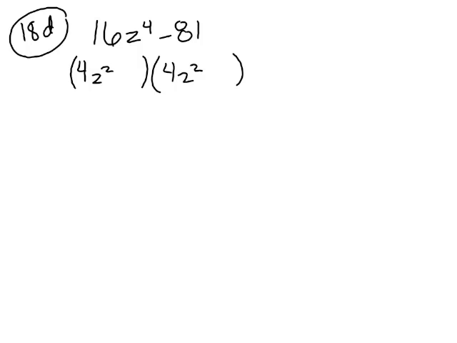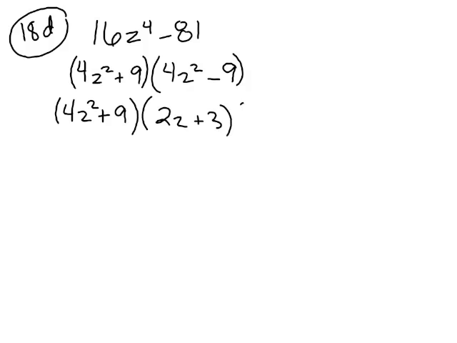Right. So I'll have a plus 9 and a negative 9. And the other one could be squared again. Okay, so then I can do the perfect square again. So the square root of 4z squared, 2z. 2z, the square root of 9, plus 3 times 2z minus 3.